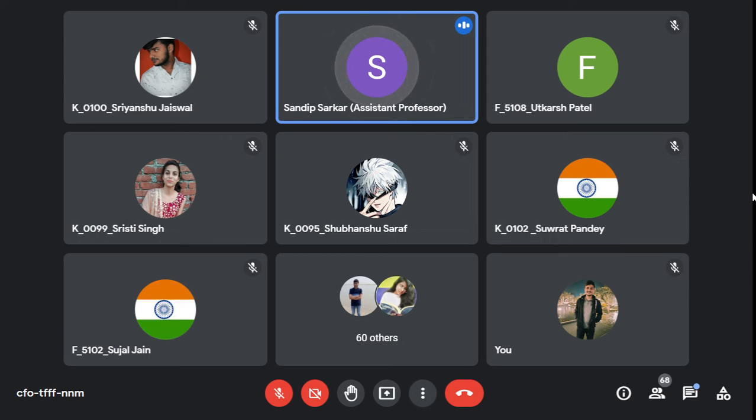So Subhranshu said to Subrat that Sujal Jain is not a good fellow. So Subrat will understand that if he recruits Sujal Jain in his company, he will completely destroy his company's work culture.